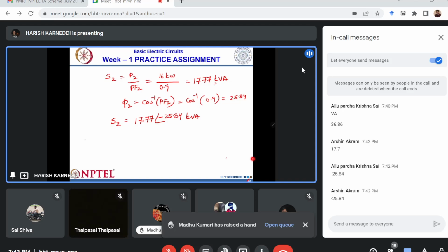Okay, total apparent power delivered to the loads, SL equal to S1 plus S2, right?